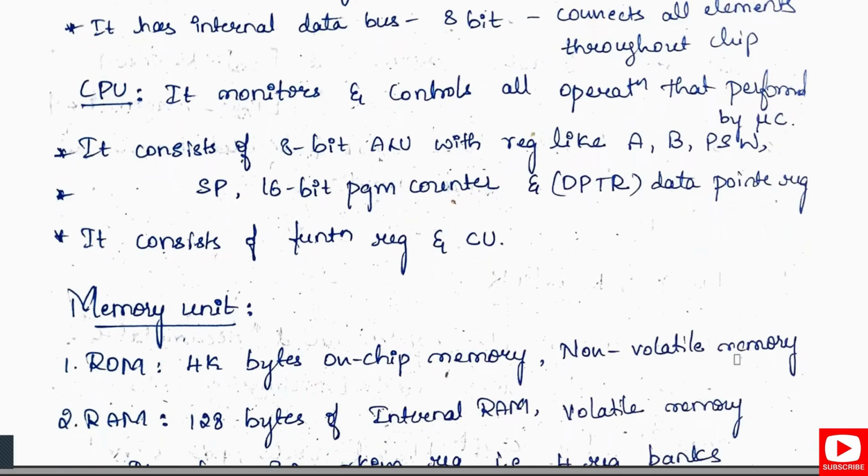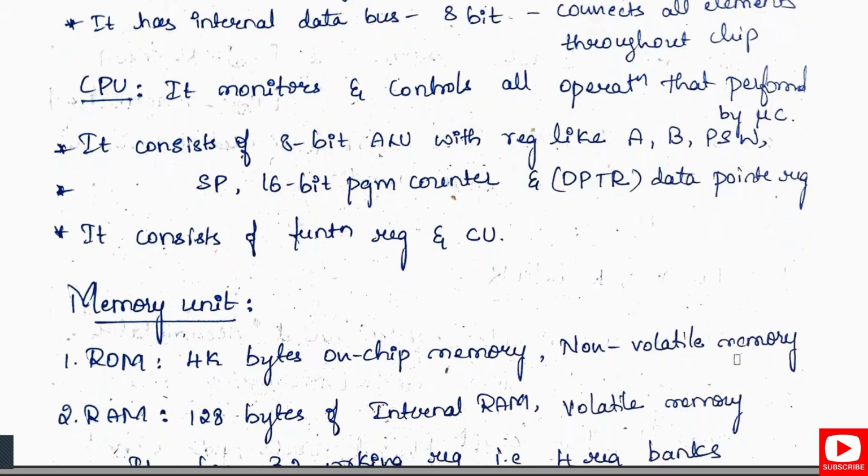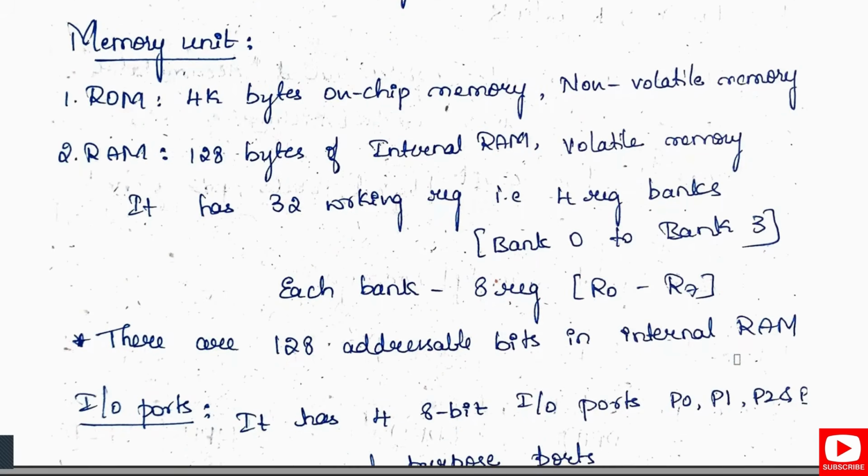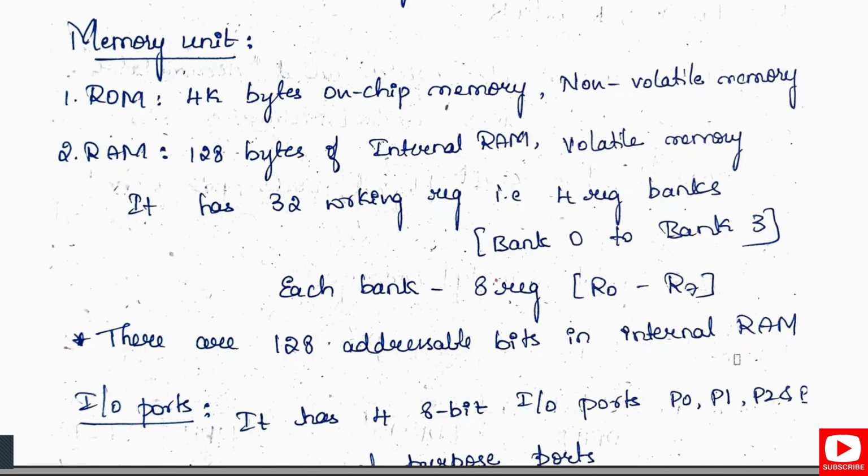The CPU monitors and controls all the operations performed by the microcontroller. It has an 8-bit ALU with registers like A, B and PSW. We have the stack pointer, a 16-bit program counter, and DPTR, the data pointer register. It consists of a function register and a control unit. In the memory unit, we have two: ROM and RAM. ROM is 4K bytes of on-chip memory.